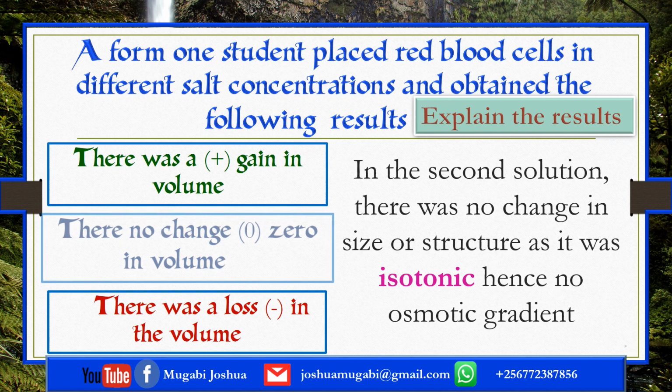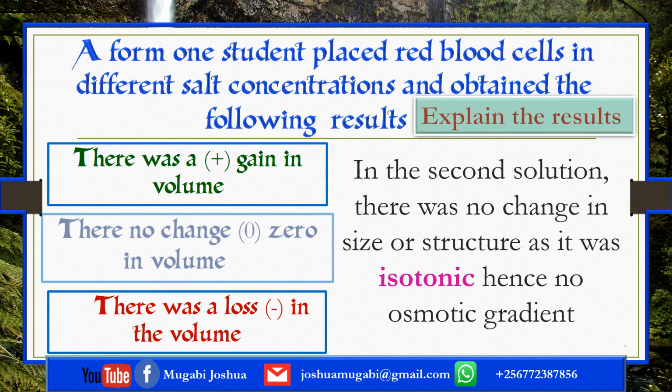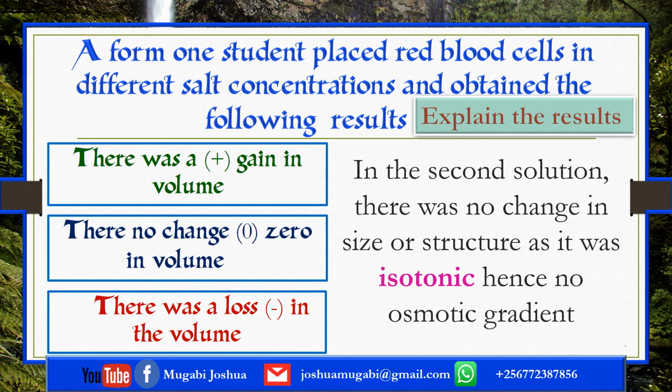In the second solution, there was no change in size or structure, which means that the solution was isotonic. The solution had the same concentration as the red blood cell. So there was no osmotic gradient, and therefore there was no change in volume.